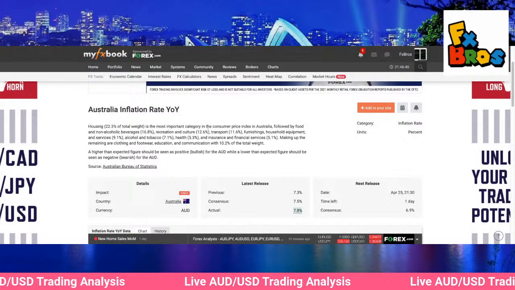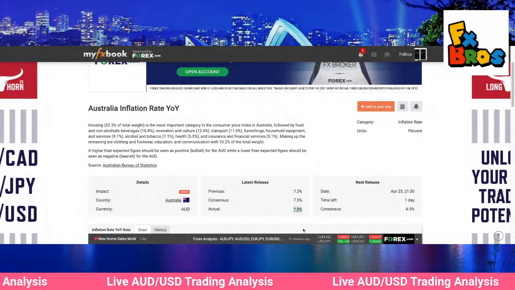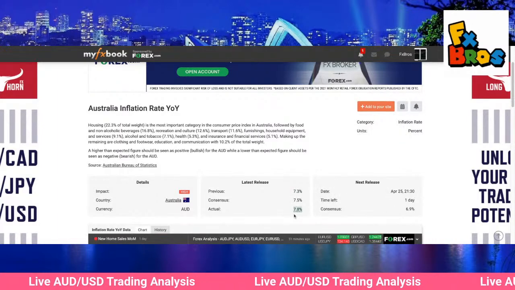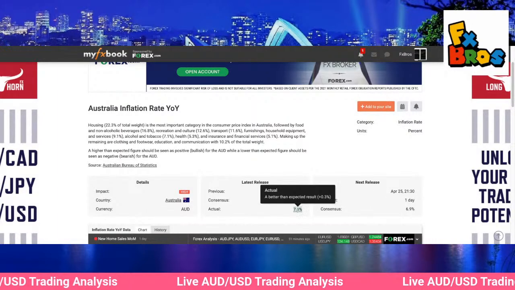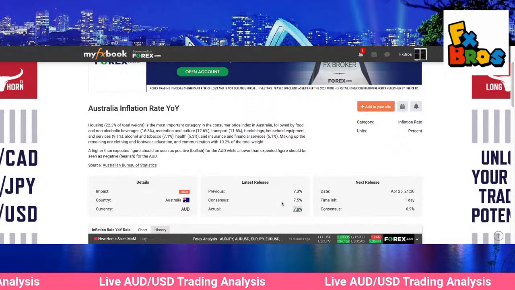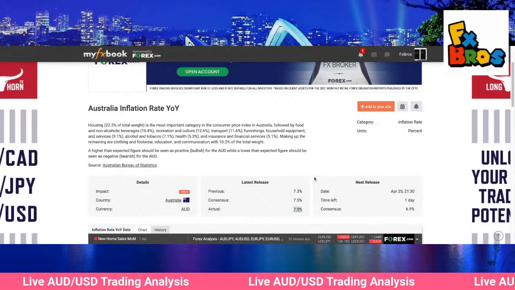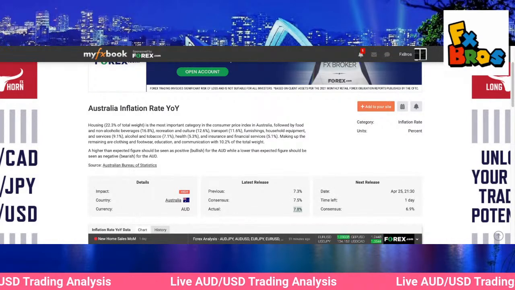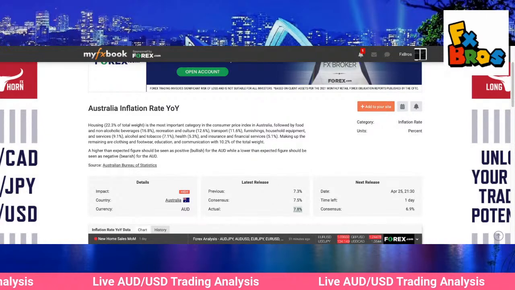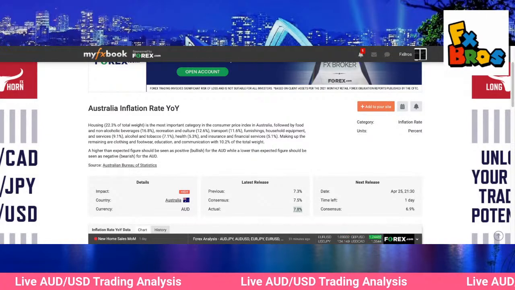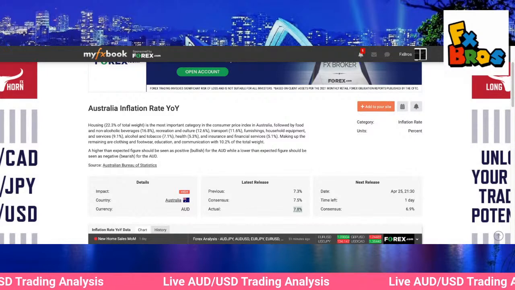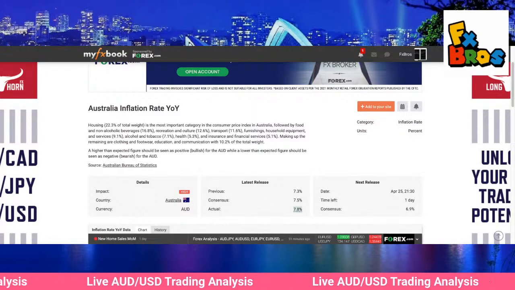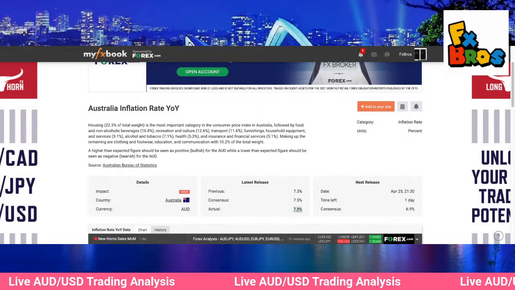The Australian interest rate. Perfect. Yes. Okay. Right here they marked it as a positive number, even though it's increasing inflation, which is bad. So if they mark that as a positive, I'm not sure if the currency will go positive.